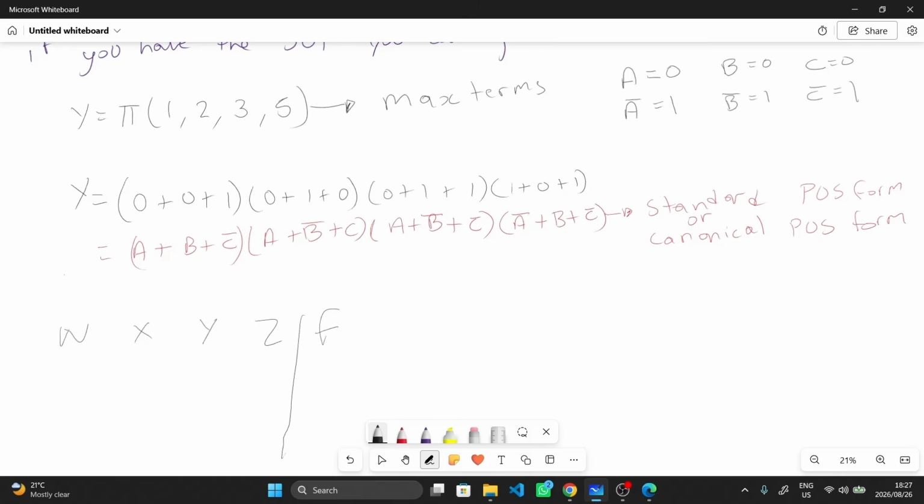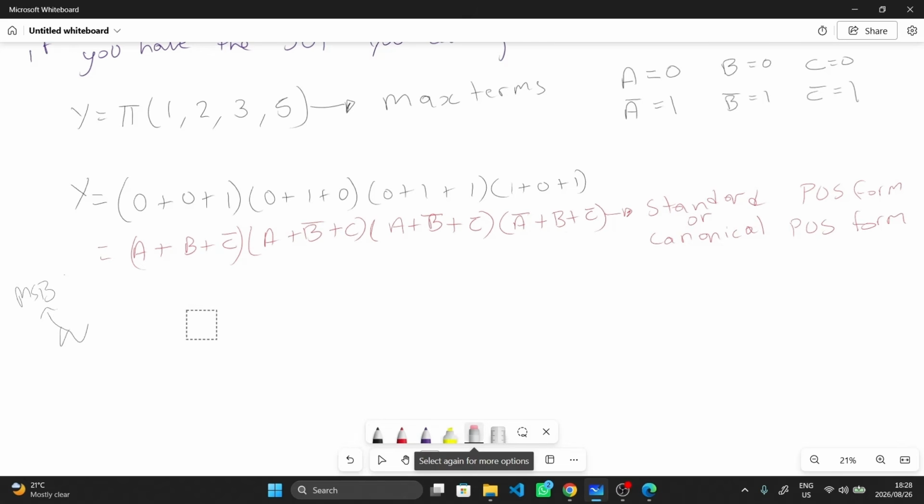You have four inputs, so your W will be your MSB, your Z will be your LSB, right? That is how we work most of the time, right? And that is how we will put those values in when we express the standard form or the canonical form, right?